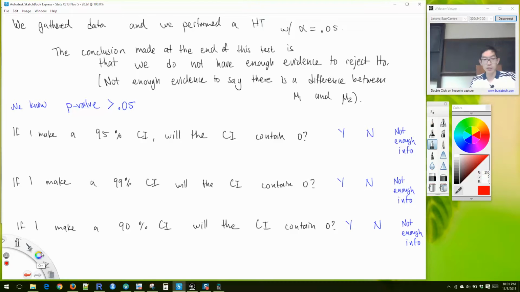So for each of these, you just have to think this is equivalent to doing a hypothesis test with what? Hypothesis test with alpha equal to 0.05. This is the same as a hypothesis test with alpha equal to 0.01. Hypothesis test with alpha equal to 0.10.